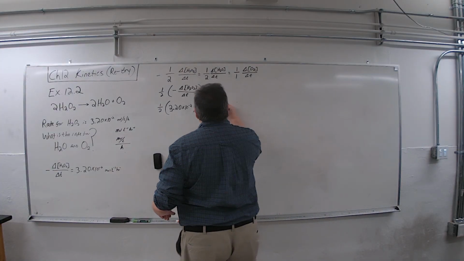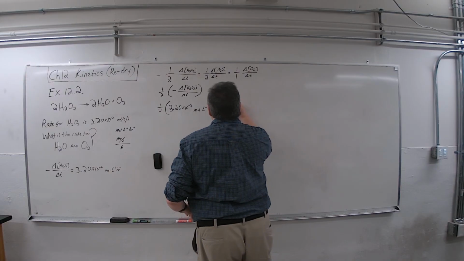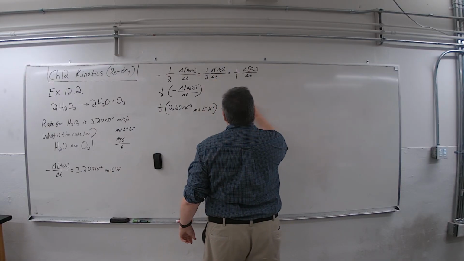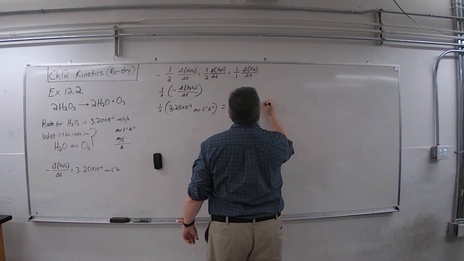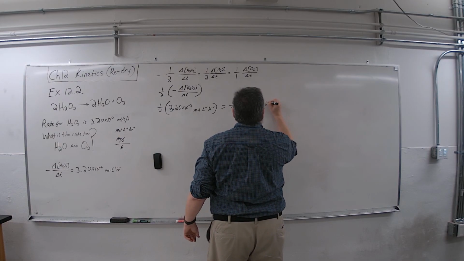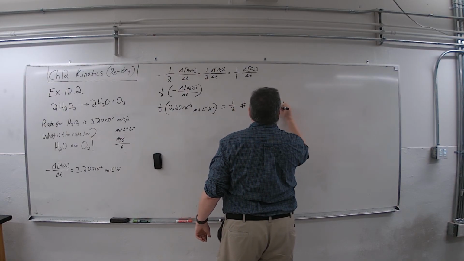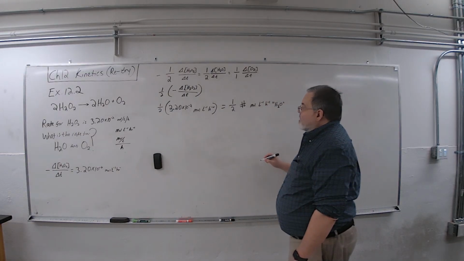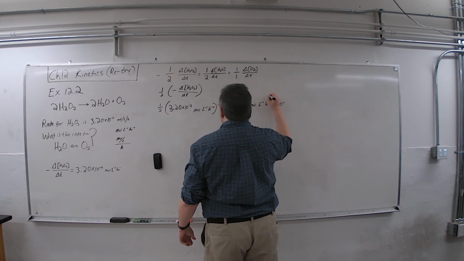And that equals, now we're going to write this term, and I'm going to go 1/2, and I'm going to turn all of this into the way I said it before: numerical value, mole per liter per hour, H2O. And I've got this, if I get the parentheses the same.